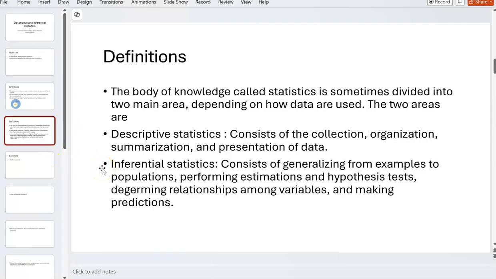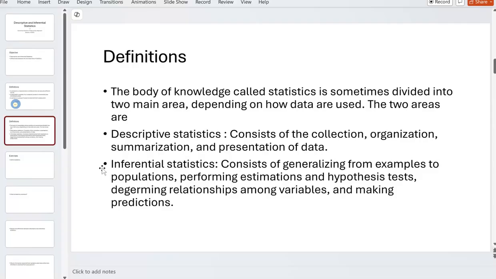Descriptive statistics consists of the collection, organization, summarization, and presentation of data. So it'd be very specific data is how I would say it. And inferential statistics is more like a generalization.